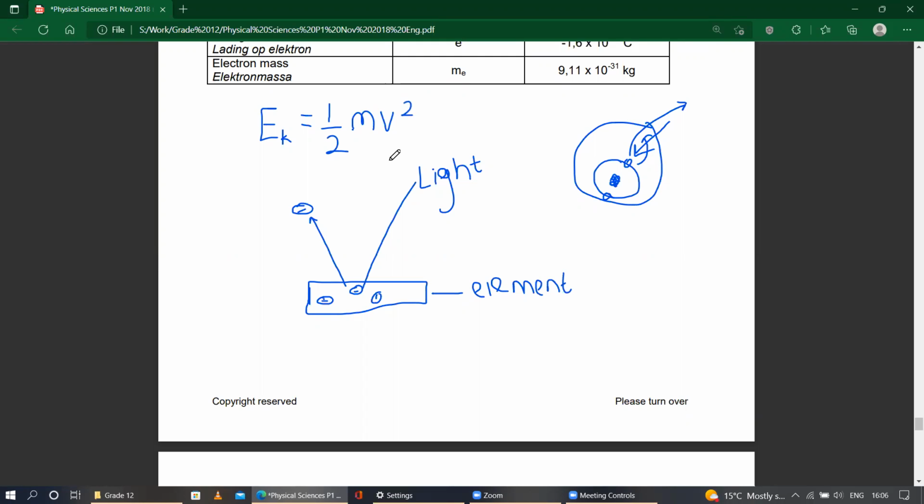So since it's the photoelectric effect, this mass is always gonna be the mass of an electron, which they give you guys, I think, yeah, it's here.